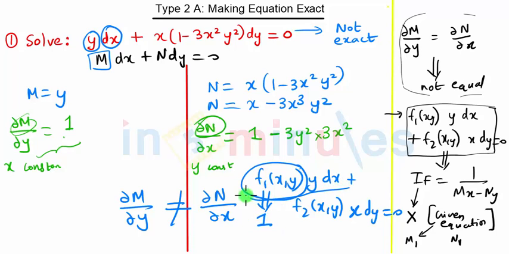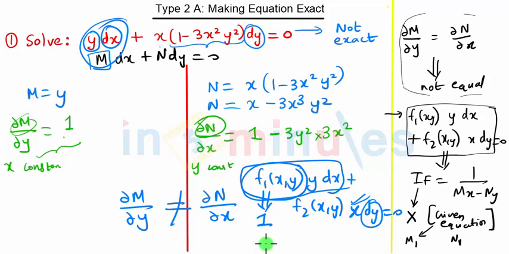So this part is similar to this part. And here we have x. Here we have dy. Here also we have dy. What is f2(x, y)? So f2(x, y) is a function having x and y terms. This can be represented as f of x, y. So this is f2. So as you can see, this equation is in this form.